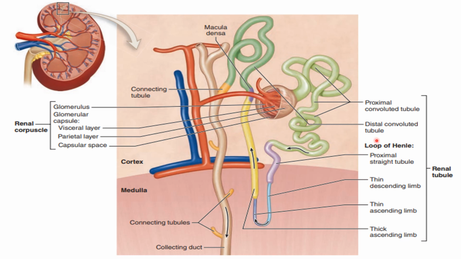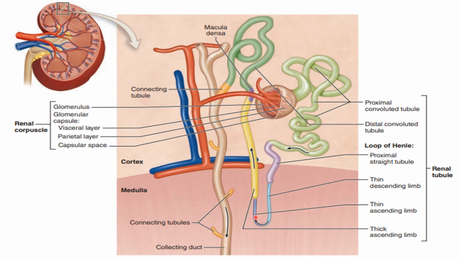After that, it originates the loop of Henle. As you can see, it is originating from the proximal straight tubule. This is the loop of Henle, the thin descending limb of the loop of Henle.